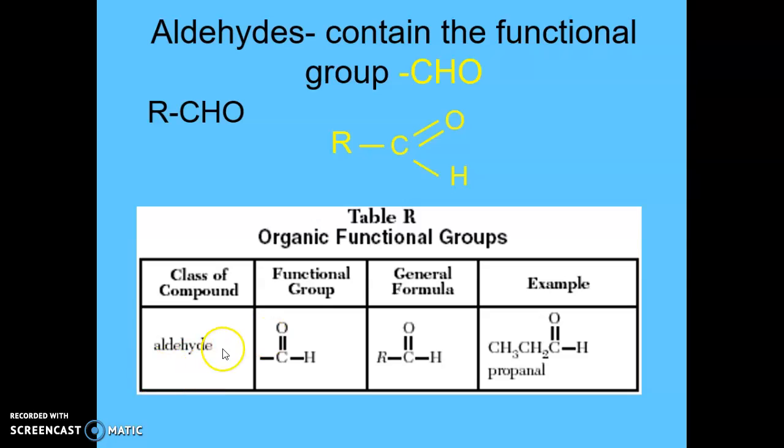What you have to do is drop the E at the end of the alkane and add -al, because it's an aldehyde. In this case, it's propane, propanal. Propanal is the corresponding name for the aldehyde.